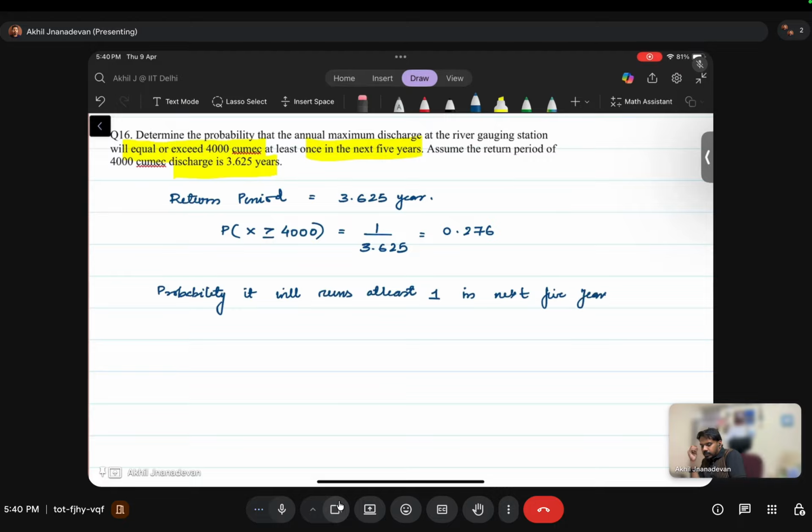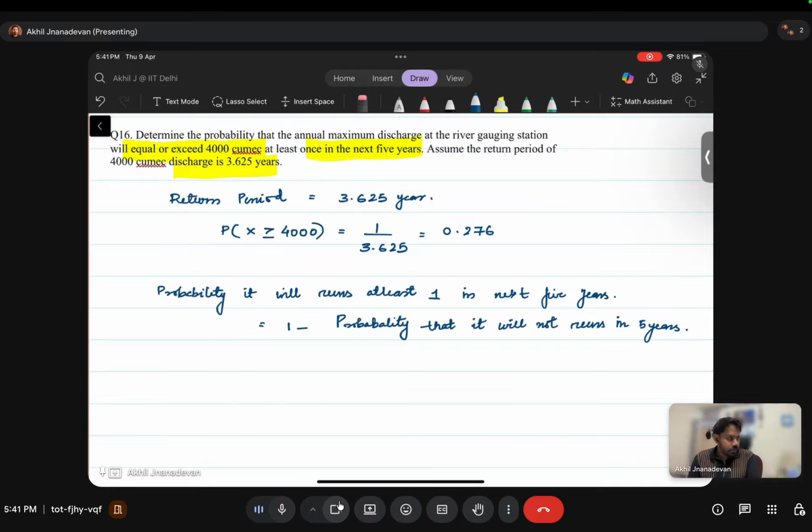The negation of this will be equal to 1 minus the probability that it will not occur in 5 years.